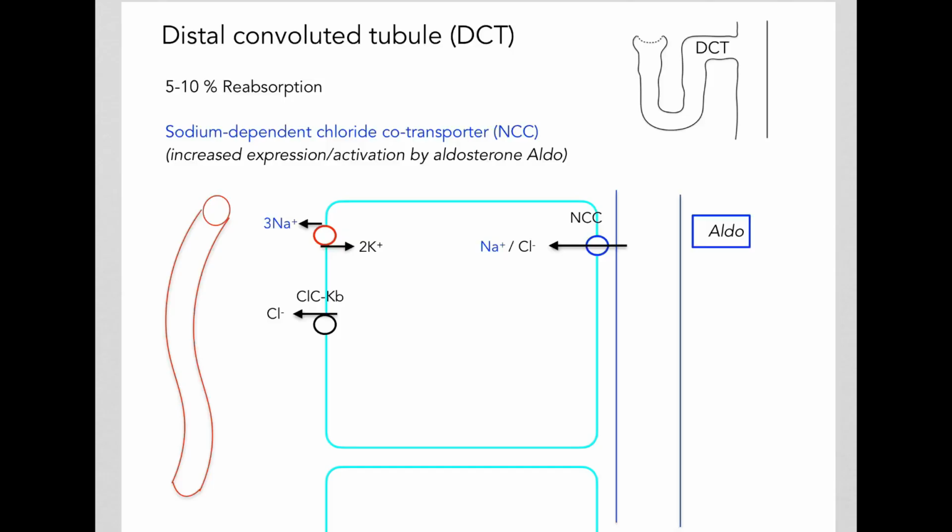In the distal convoluted tubule, one of the major proteins that helps bring sodium from the cavity back into the bloodstream is this protein called the sodium-dependent chloride cotransporter, or NCC. And once again, this chloride here is sent out from the basolateral side into the bloodstream, while the sodium is sent out into the bloodstream by the sodium-potassium pump.